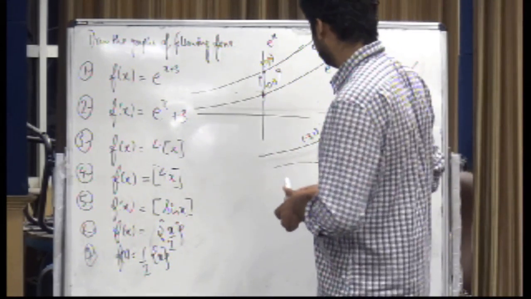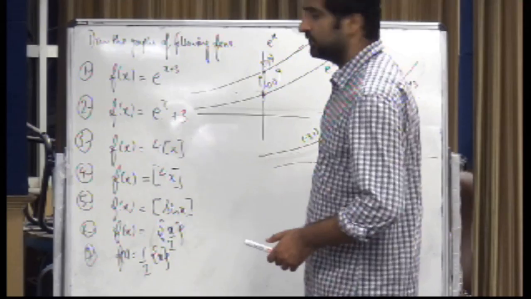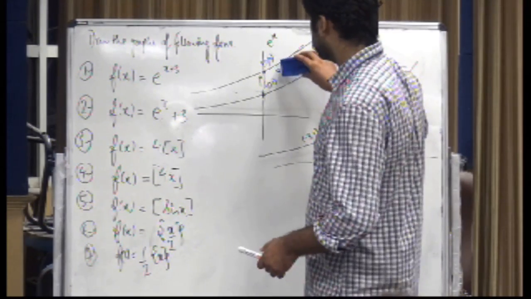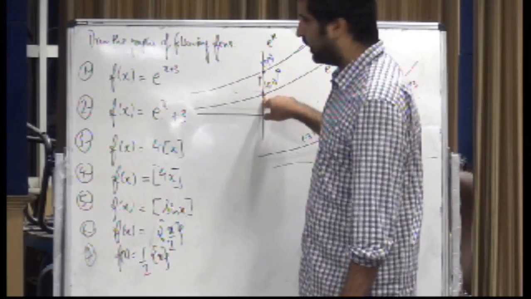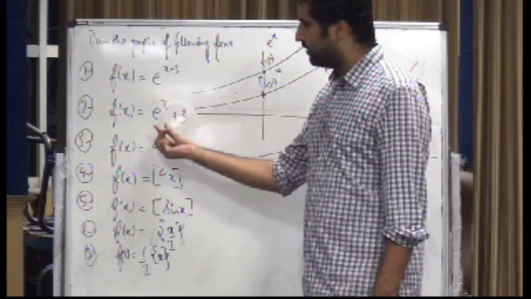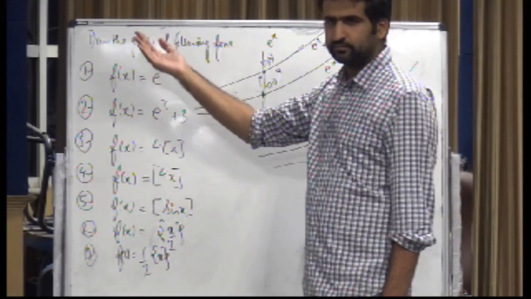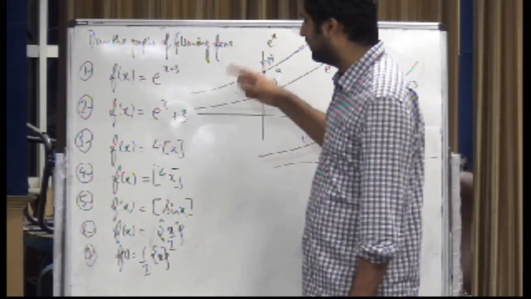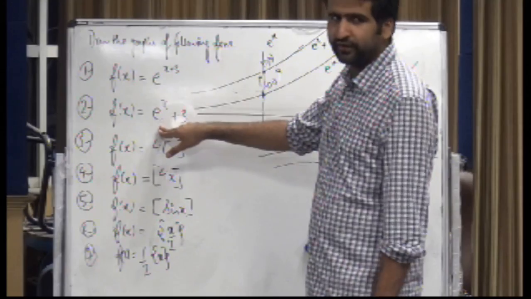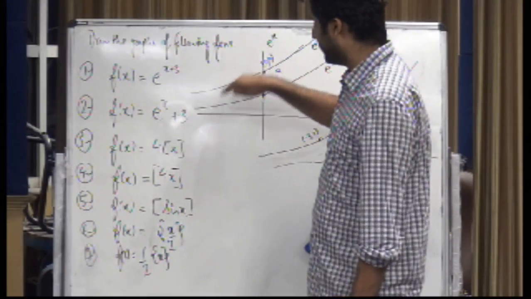Now, the only difference in the second graph is that at same value of x, you were getting 1. Now at same value of x, you are getting a value which is greater than 3, greater than the previous function by 3 units, right?